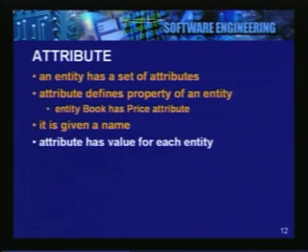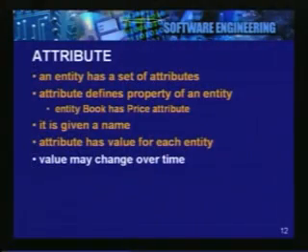So, a particular book may have a price of 200 rupees, another book may have a price of 300 rupees. So, every attribute has a value, and every entity which has that attribute will be associated with a value. Value may of course change over time. For example, salary may be an attribute of an employee. Naturally, the salary changes.